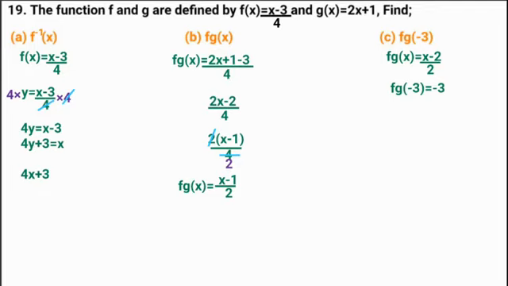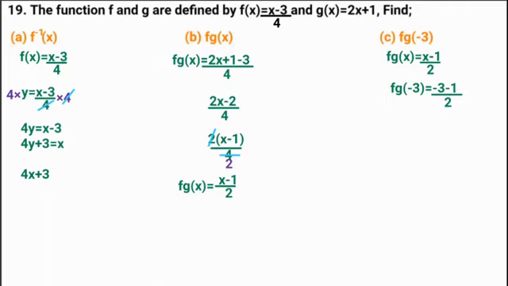Okay, sorry, I made a mistake there. I put 2, it should be 1. It's not supposed to be -2, but it should be -1. So I'm going to say -1 there, and down here I'm going to say -3 minus 1 over 2.